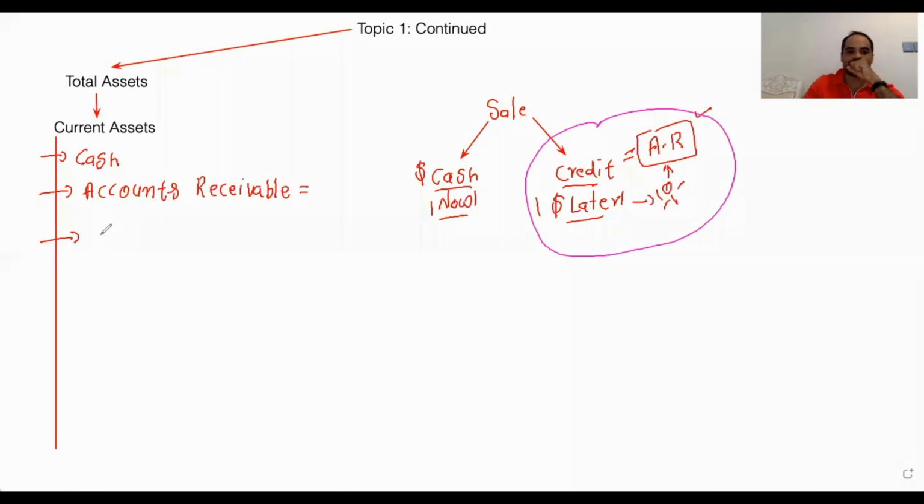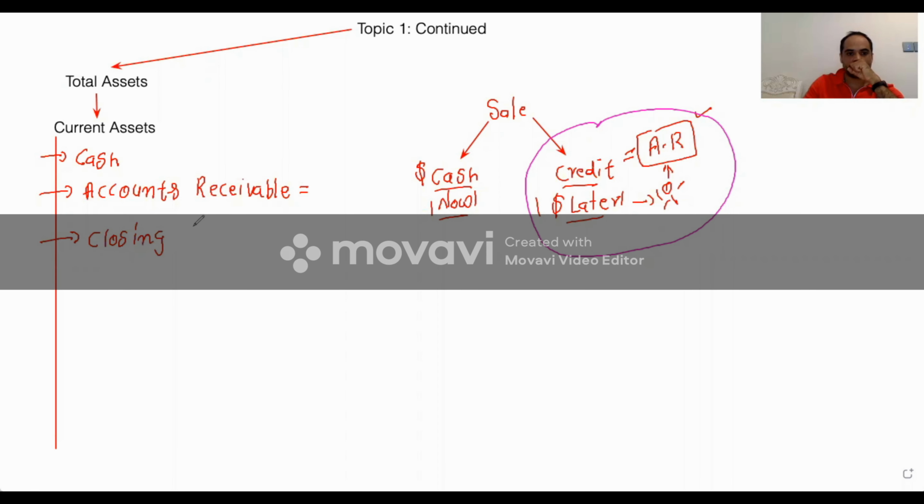The next current asset is closing inventory. Now, what does it mean, closing inventory?